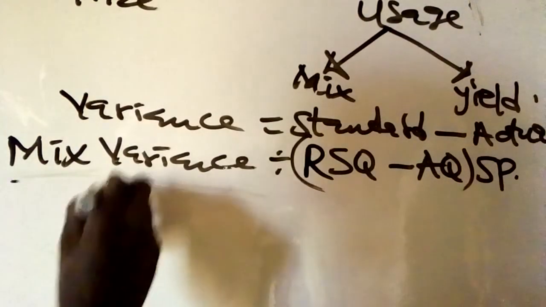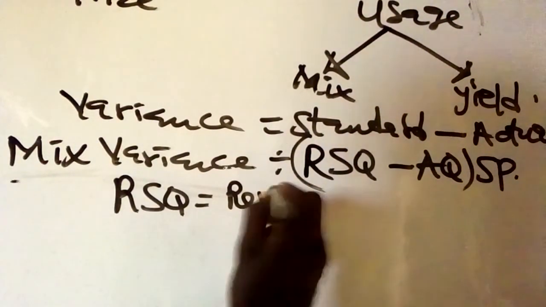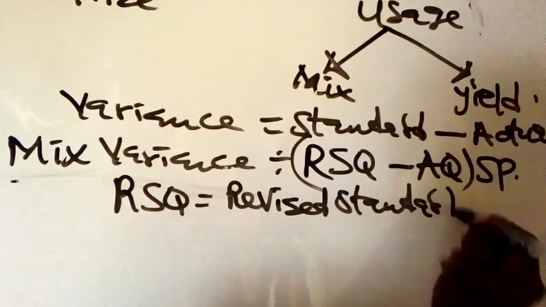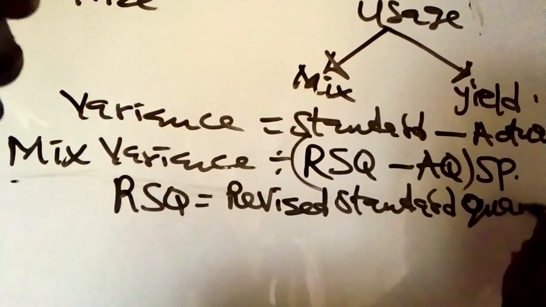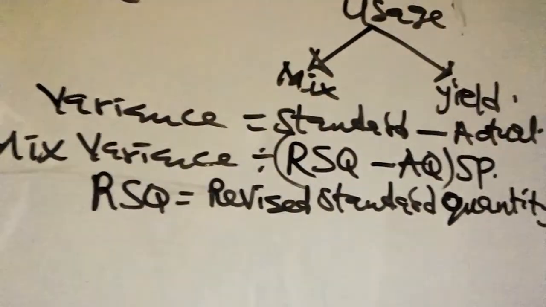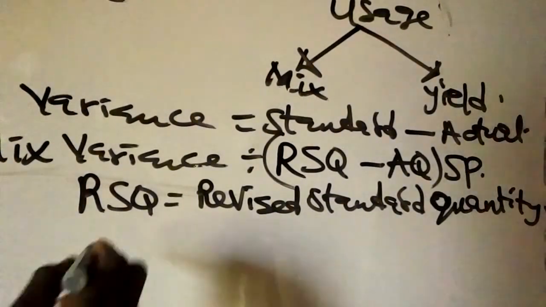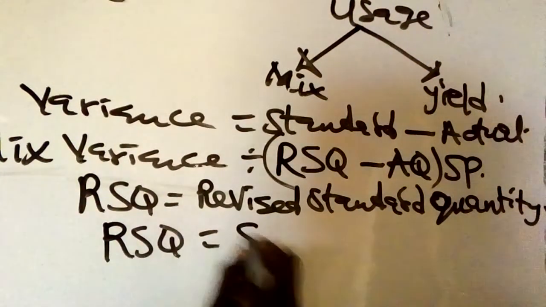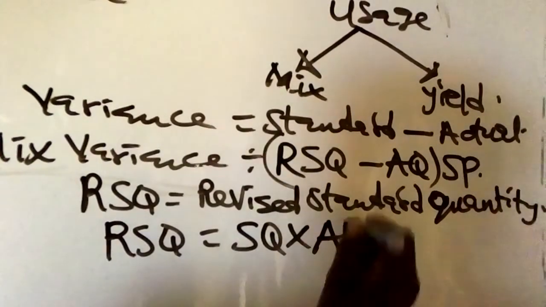RSQ is the revised standard quantity. This revised standard quantity is the product of the standard quantity and the actual mix.